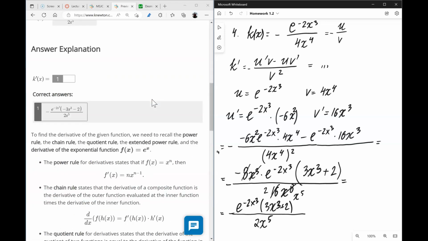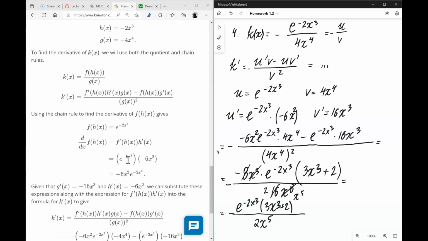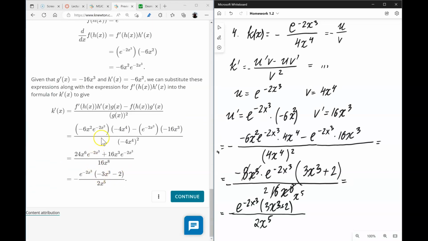Yes, there's a negative. So in the correct answer here, you see how they have a negative and then this negative, so they should cancel. But in the final answer, they lost the negative on the outside.